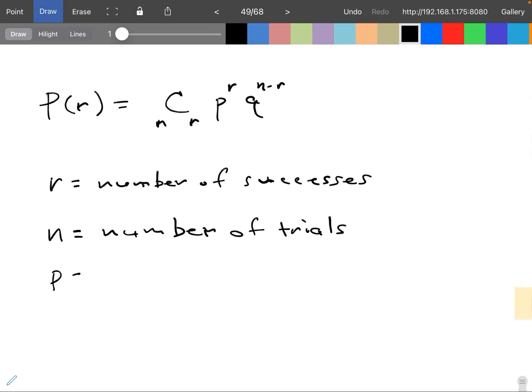And then the P, that is the probability of success for one trial.